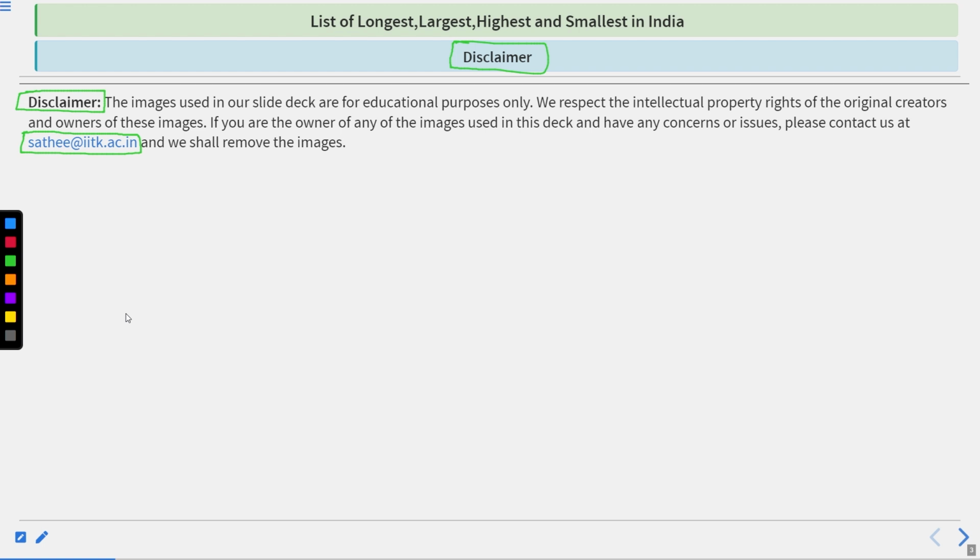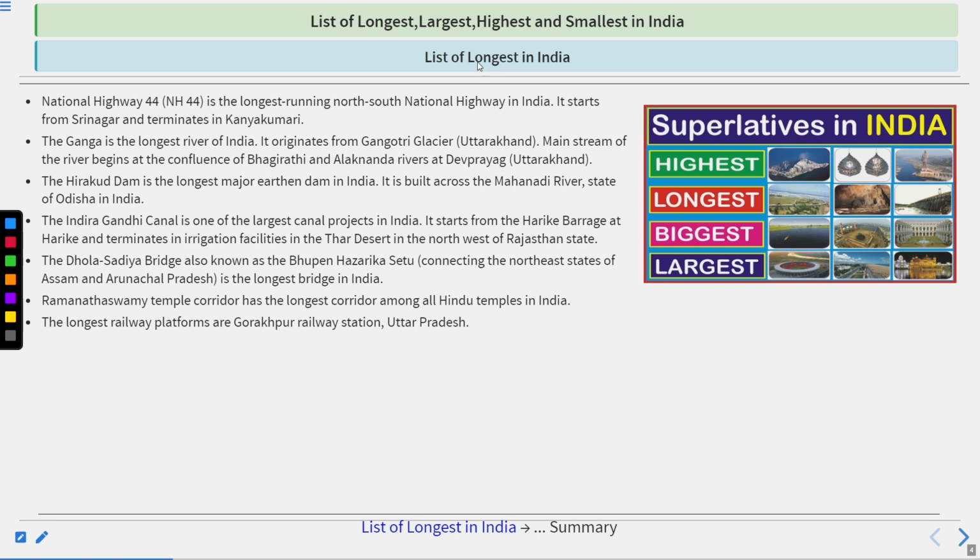Now, after understanding the disclaimer, let's first begin with the list of longest in India. This is the first: national highway NH44. It is the longest running north-south national highway in India. It starts from Srinagar and terminates in Kanyakumari.